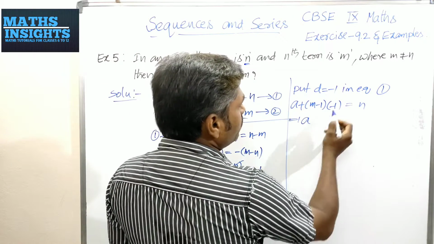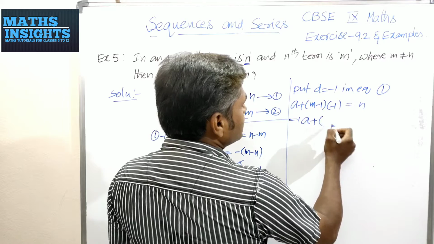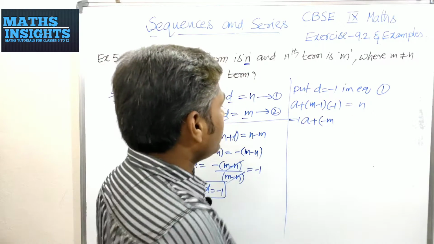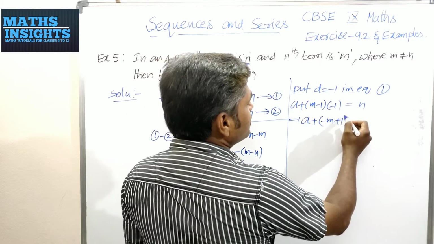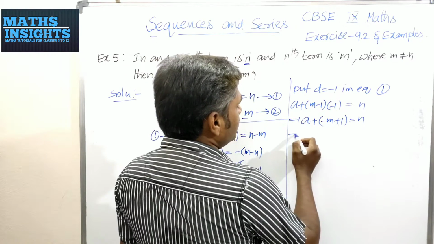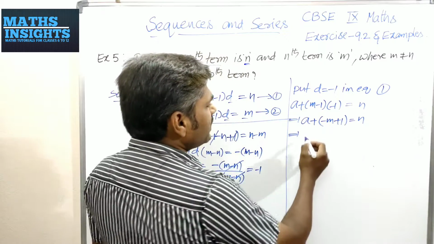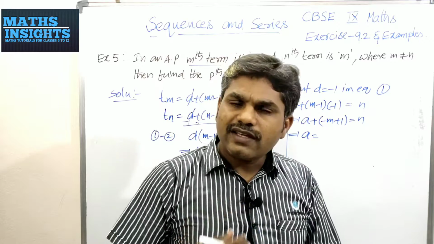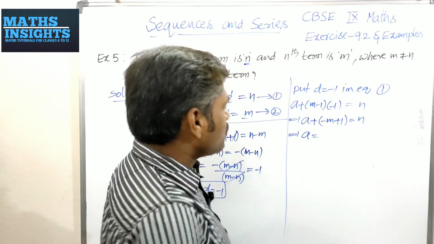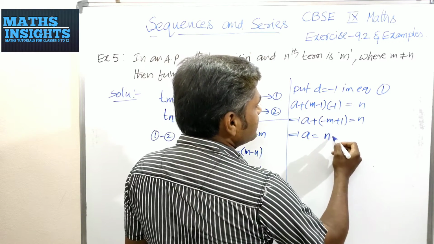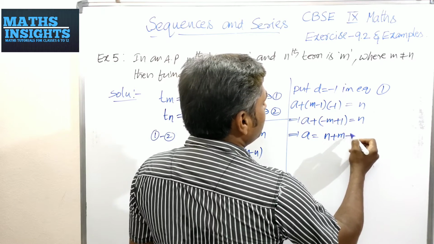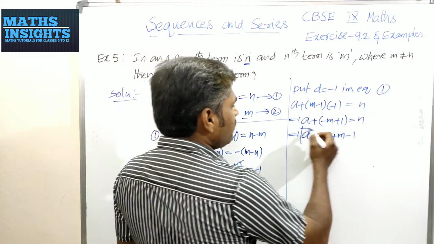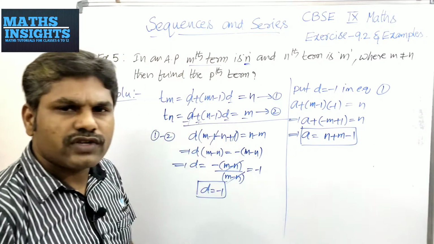So a, if you substitute plus m into minus 1, minus m, minus 1 into minus 1 plus 1, that is equal to m, that is equal to n. Therefore I am taking all these values to that side to make a as my subject. All of you know. So here is n, minus m will become plus m, plus 1 will become minus 1, then it's over. The a value is there, the d value is there.